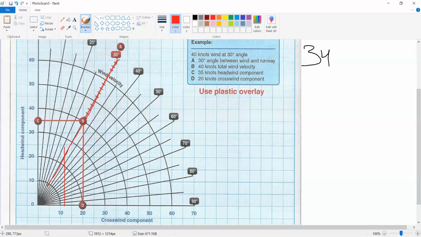That looks to be around 20 or 24, but that's not clear enough. Yeah, that looks pretty good.